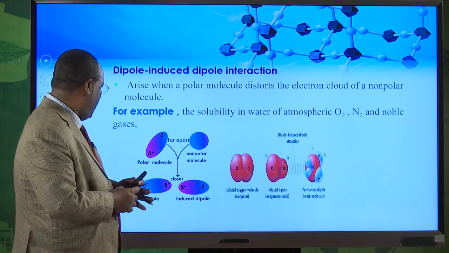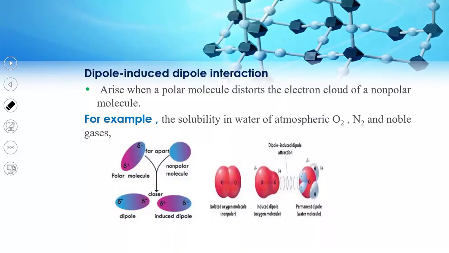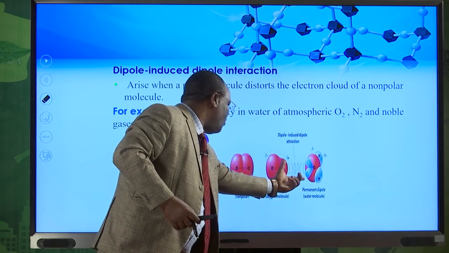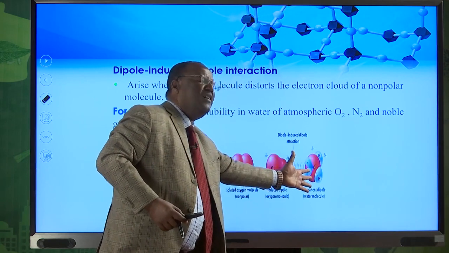For example, here you have an oxygen molecule, an isolated oxygen molecule, non-polar, and an induced dipole oxygen molecule. If oxygen is induced, induced dipole attraction happens with this water molecule. Water has a permanent dipole.